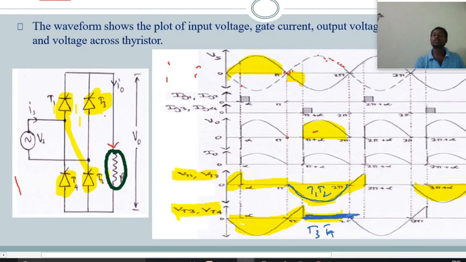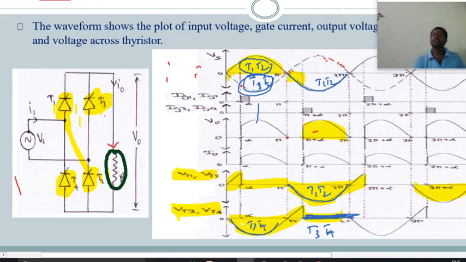So this is the negative voltage applied across T1 and T2. This is the conduction period of T1 and T2, and when T1 and T2 are conducting, supply voltage will be available across T3 and T4. Look at this one.